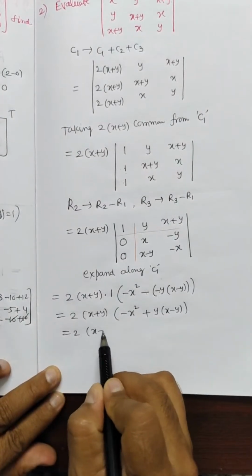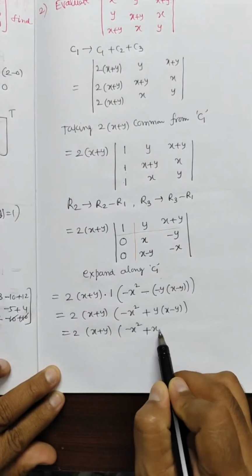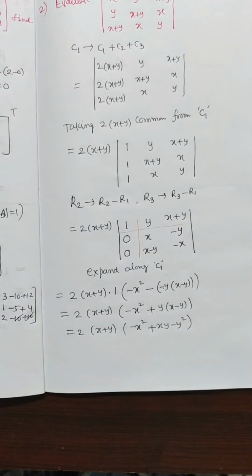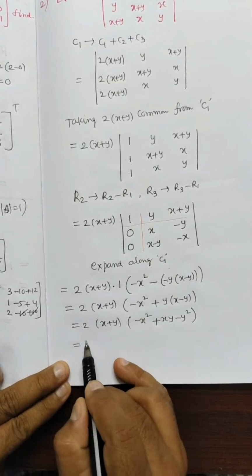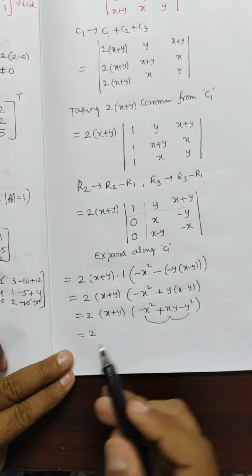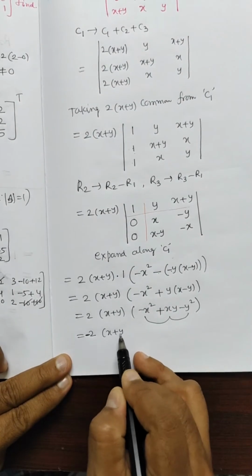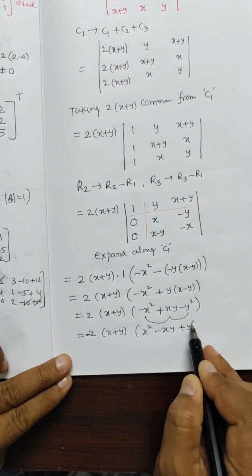So 2 into x plus y into minus x square plus xy minus y square. Are you all getting, dear students? Here, taking minus common from these terms, I am writing 2 into x plus y into x square minus xy plus y square.